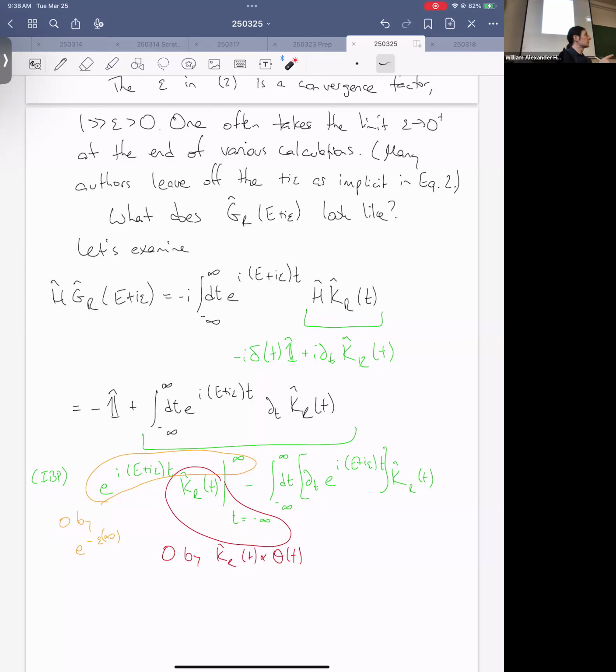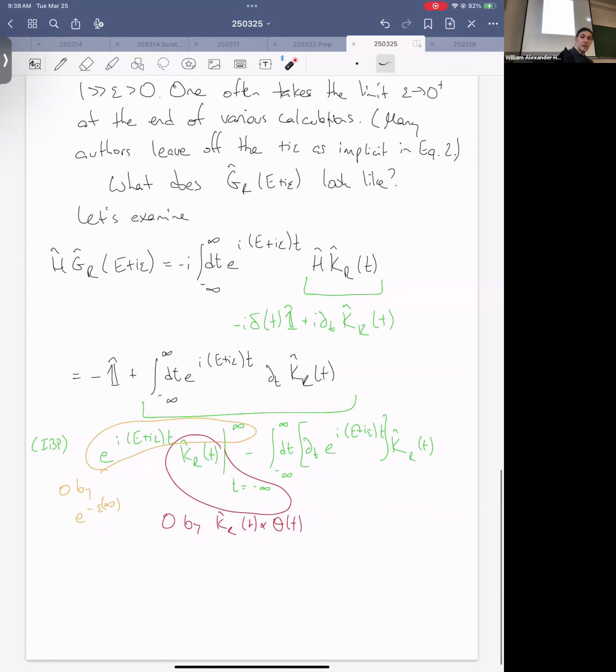Last questions. Wonderful. Okay, so this rightmost term, let me just be lazy with my writing. This is going to give me an e plus i epsilon, and then a minus i integral from minus infinity to infinity dt of this retarded propagator.